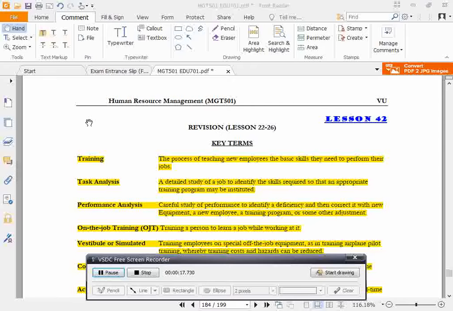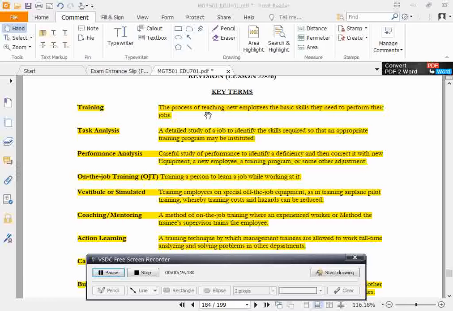Key terms. Training: the process of teaching new employees the basic skills they need to perform their jobs. Task analysis: the detailed study of a job to identify the skills required so that an appropriate training program may be instituted.